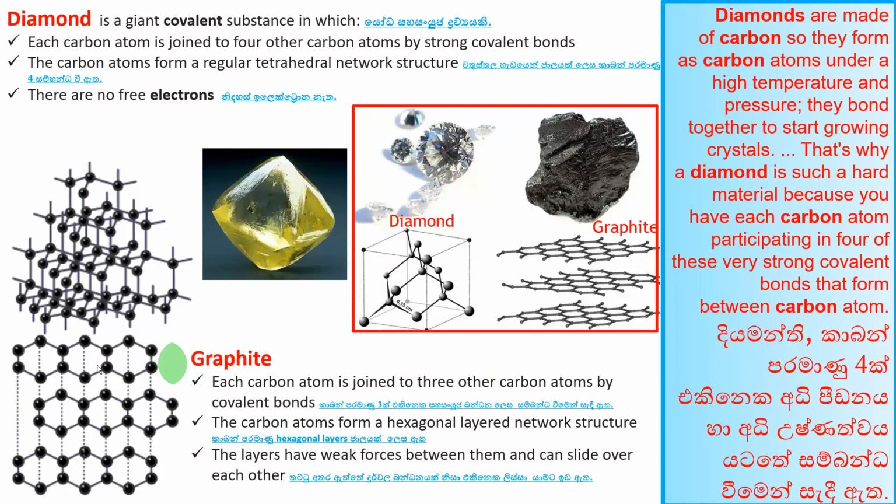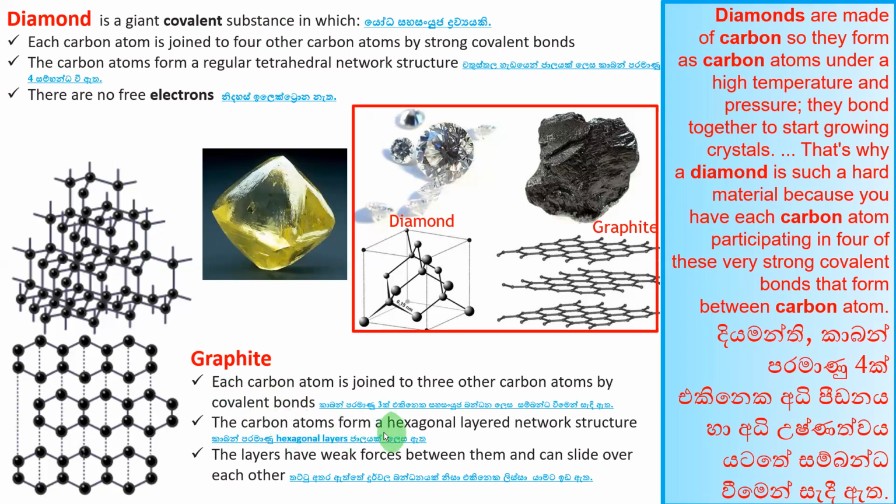But inside graphite, it is connected only to 3 carbon atoms. In diamond, each carbon atom is connected to 4 carbon atoms. Then it creates a tetrahedral shape, lattice. But the graphite is connected only to 3 carbon atoms with covalent bonds.